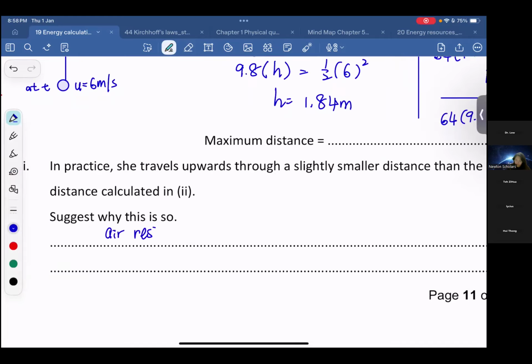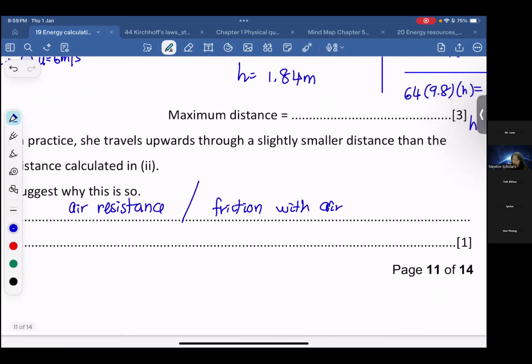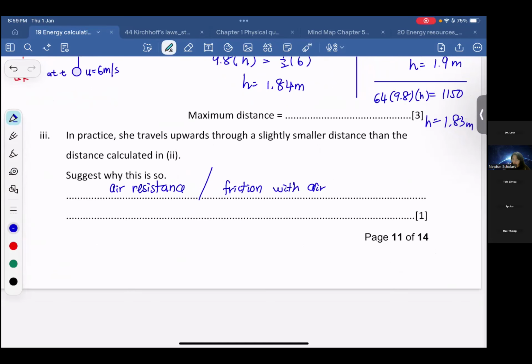Air resistance. If you want to say friction, you have to say friction with air. Normally friction, we say it is two surfaces, two objects, touching each other. That is friction. So here, we mention clearly. Or you say drag force, yes.